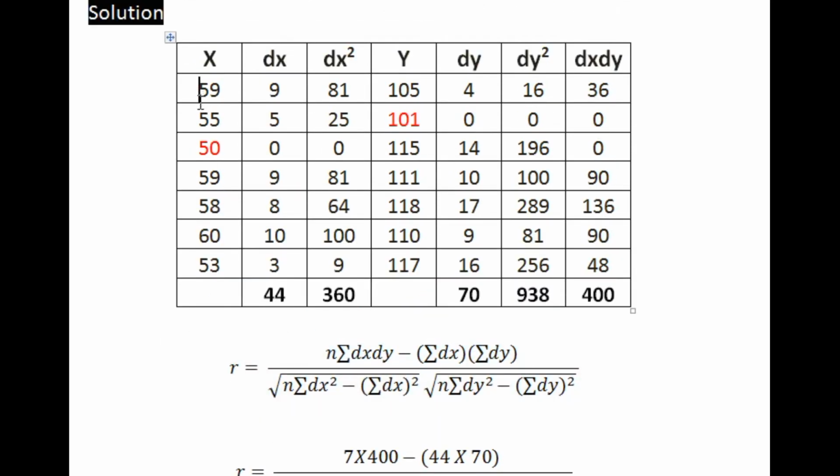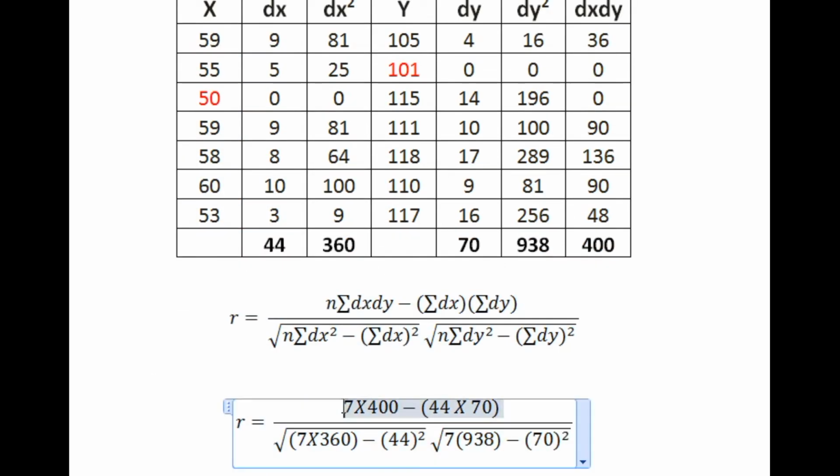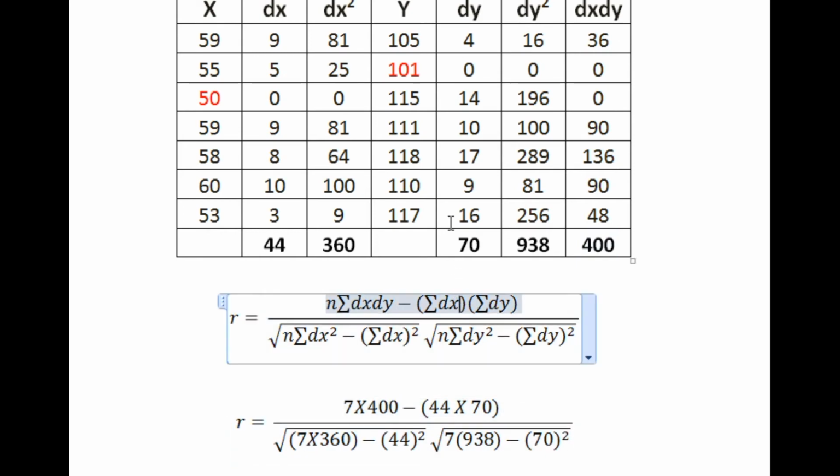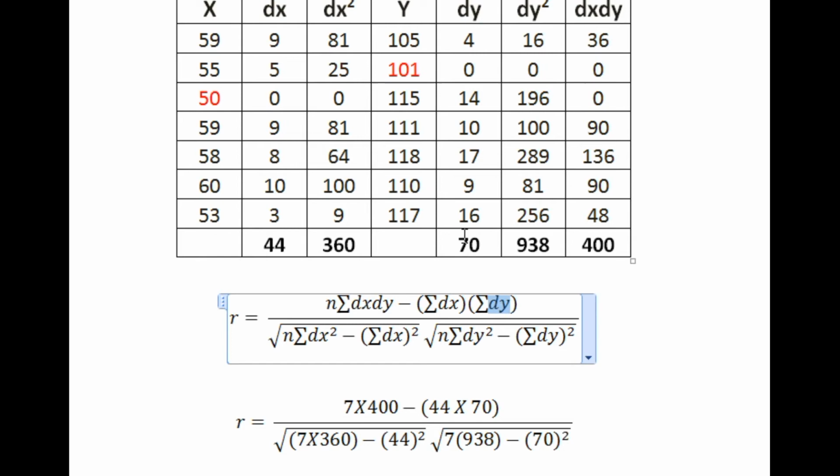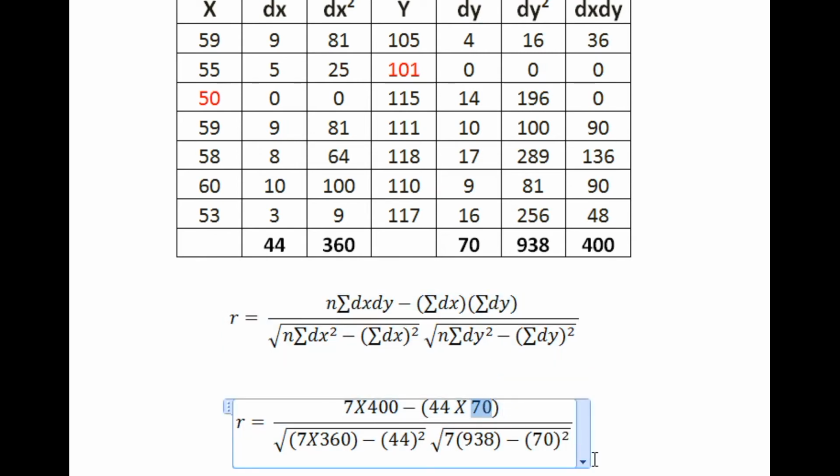N is how much? 1, 2, 3, 4, 5, 6, 7. The question has 7 numbers, so N is 7. Summation of dx dy is 400. Summation of dx is 44, so I used 44 here. And summation of dy is 70.